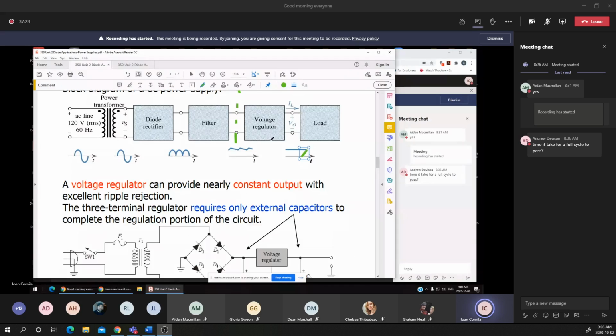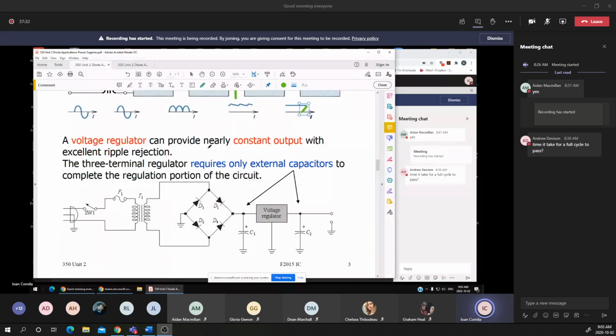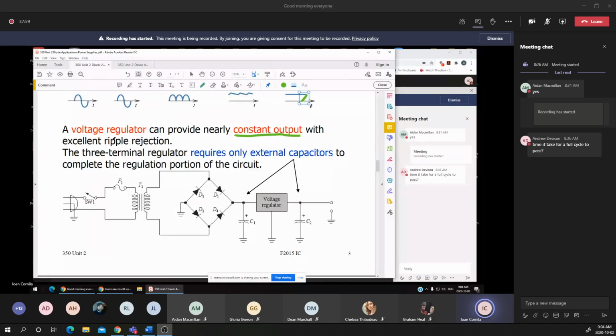What a voltage regulator does is make a nearly constant output voltage. For example, I'm looking for 5 volts. This is most of the time used as the USB charger, the 5 volts, or any other chargers may have 7 volts, 8 volts, 9 volts, 12 volts, and so on. The idea is to have a constant output voltage with a very small amount of ripple.